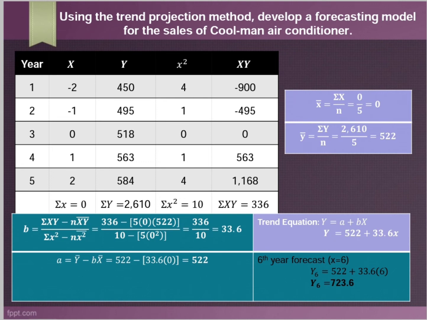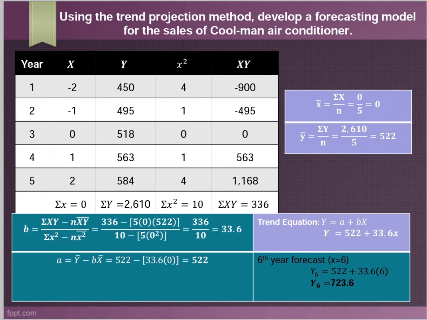On the next table, we can see the computation of the slope b and the y-intercept to get the trend equation for the problem. So slope b is the summation of x and y less n multiplied by x bar and y bar, over the summation of x squared minus n multiplied by x bar squared, which we have computed already. So 336 is the summation of x and y.